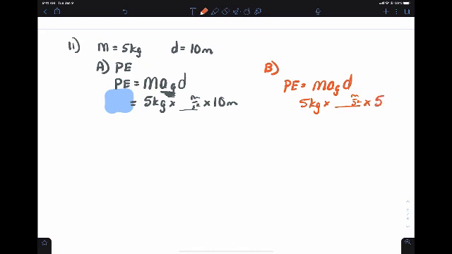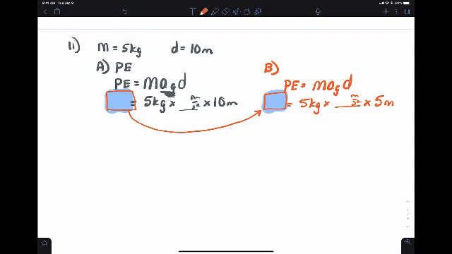Times the distance, which is now 5 meters. You can go ahead and get your potential energy when it's halfway down. Technically, you wouldn't have to use that formula, because if you know the value from part A, and you are halfway down to hitting the ground, this value should be half of the other. If it didn't come out that way, you got something wrong.